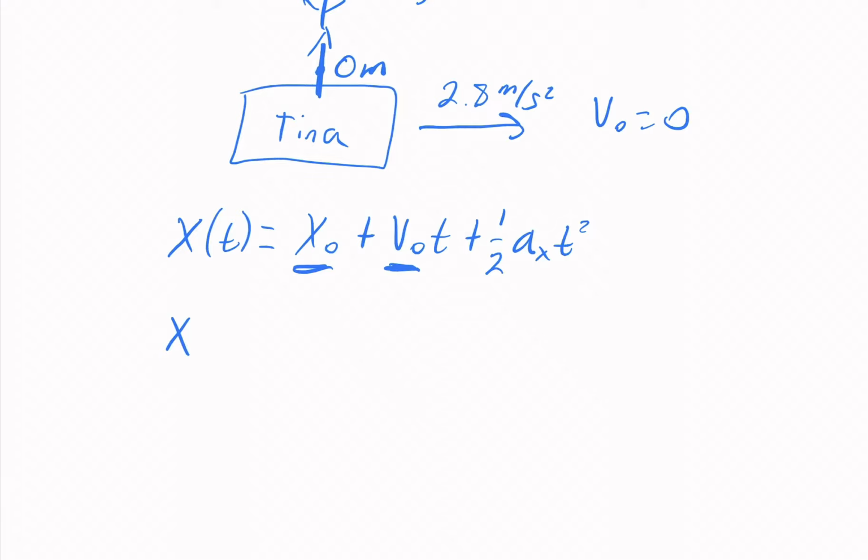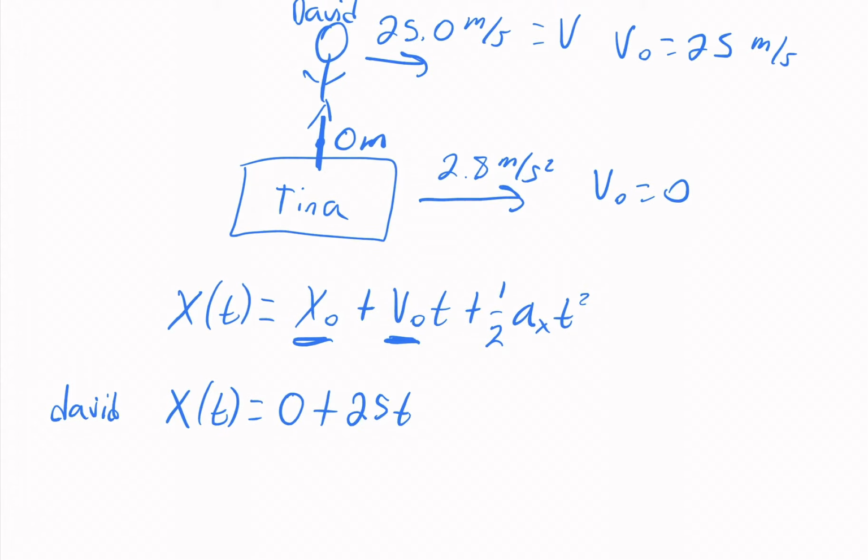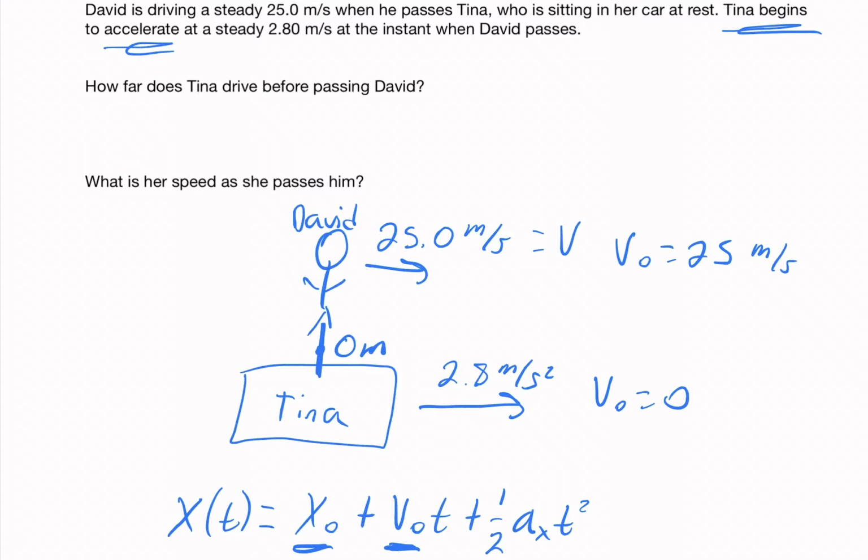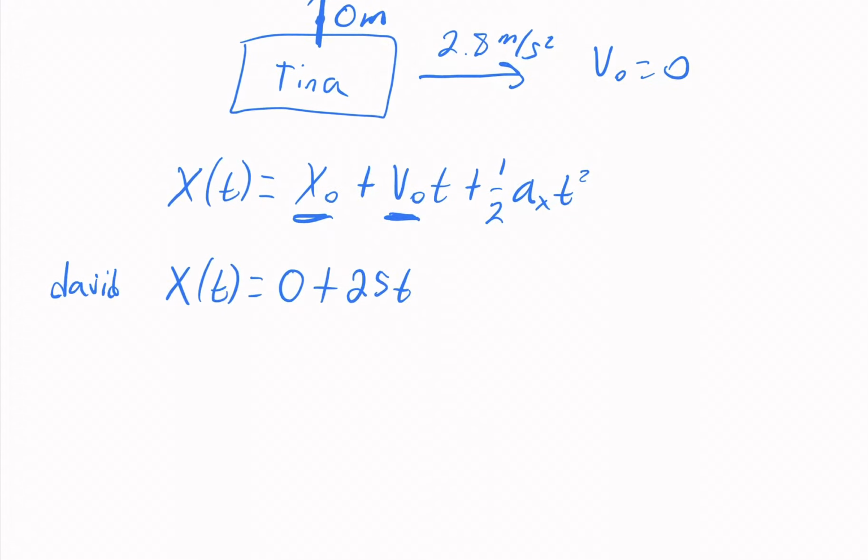So for David, we have x of t is equal to 0 plus the initial velocity, which is 25, times t. The acceleration is 0 because it says he's driving at a steady 25 meters per second. So he's not accelerating. So this is the equation 25t. What about for Tina?